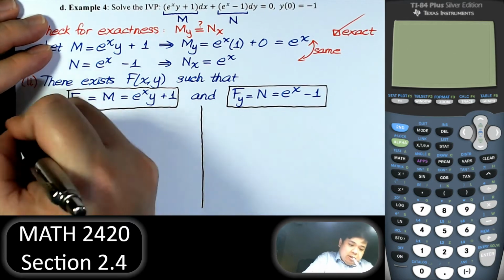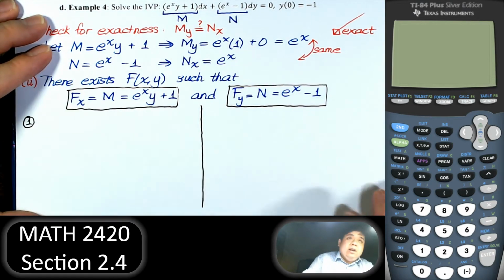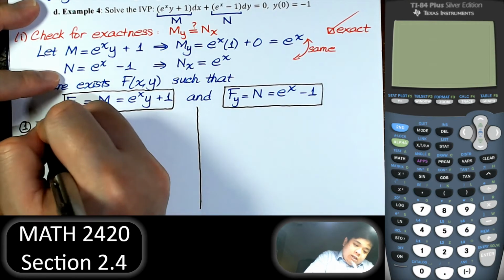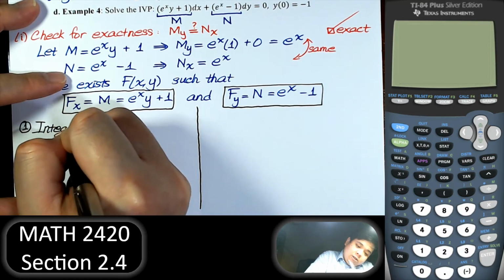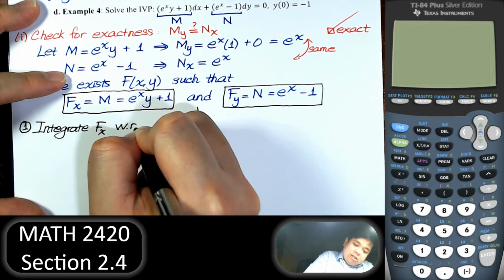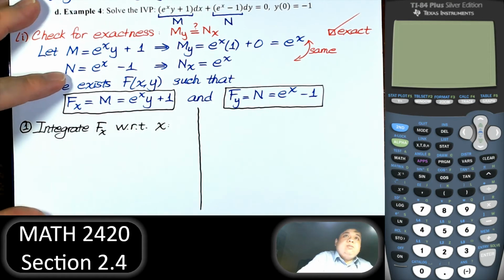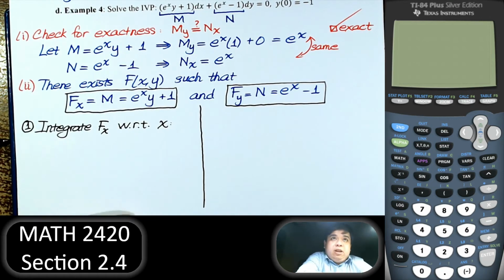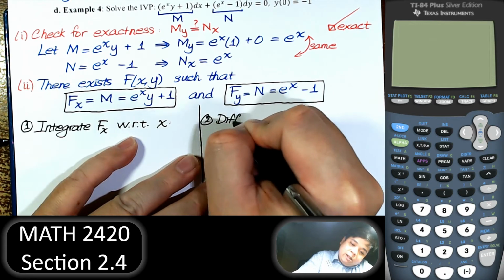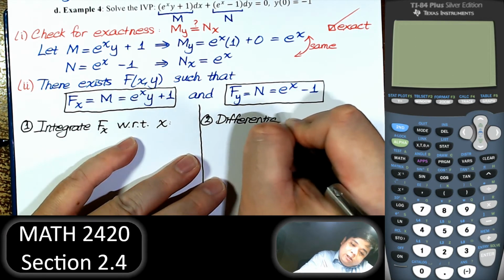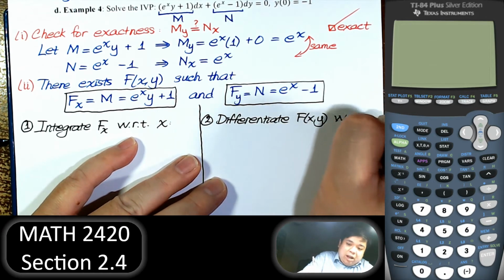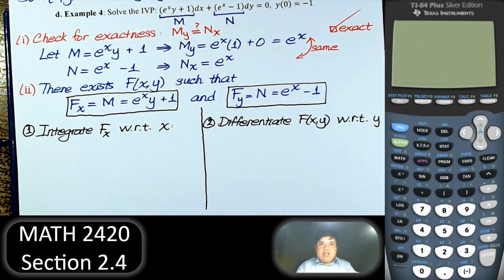So first step, integrate f_x with respect to x, or we integrate this with respect to y, it doesn't matter. And the second step, differentiate f of xy with respect to y. Right, so those are the steps.